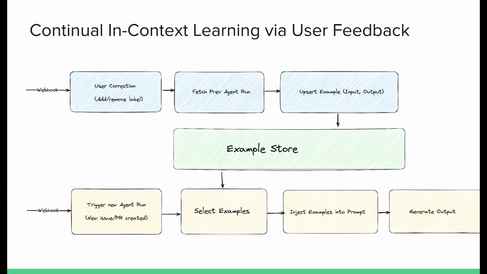And then on our next inference run, we are going to find examples that are relevant, and I'll get more into the details on that later, for this run, inject those into the prompt, and then generate an output. And it almost looks like RAG, but with examples instead of documents. That's one way of thinking about it.